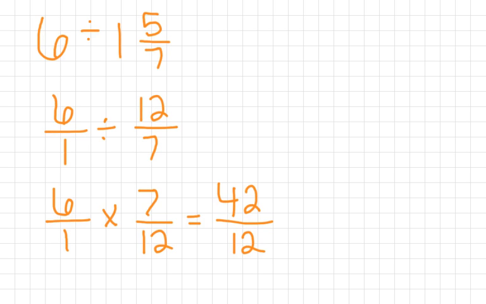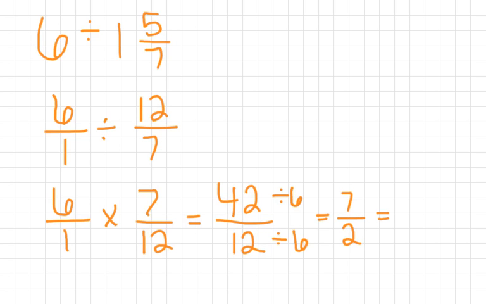So it looks like I'm going to need to change this improper fraction to a mixed number and reduce. I think what I'm going to do first here is reduce. I see that I can divide both of them by 6. So 42 divided by 6 is 7, and 12 divided by 6 is 2. That makes it a lot easier for me to convert into a mixed number.